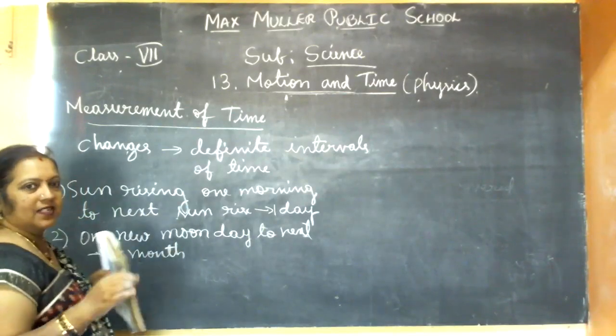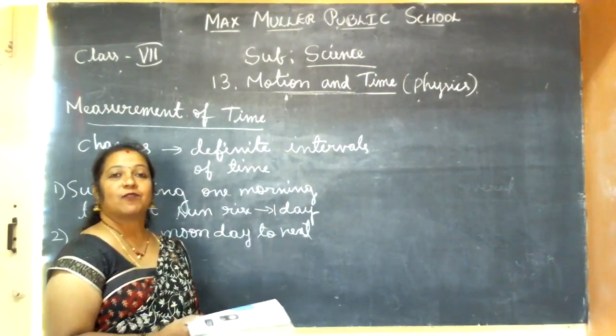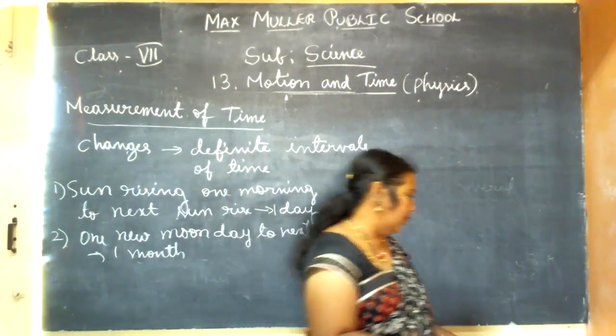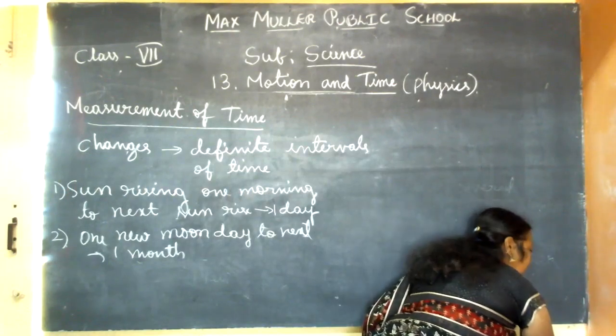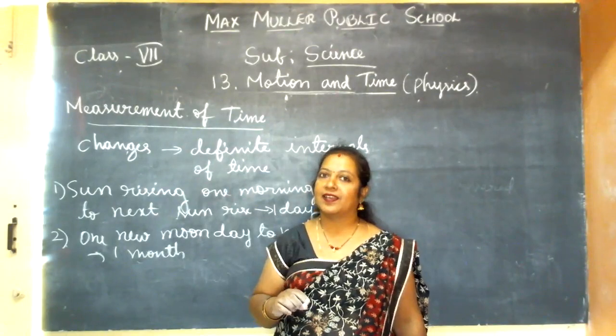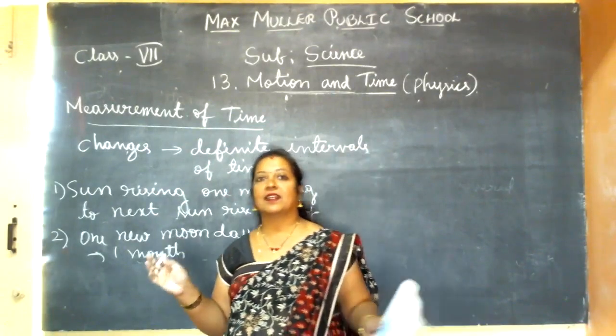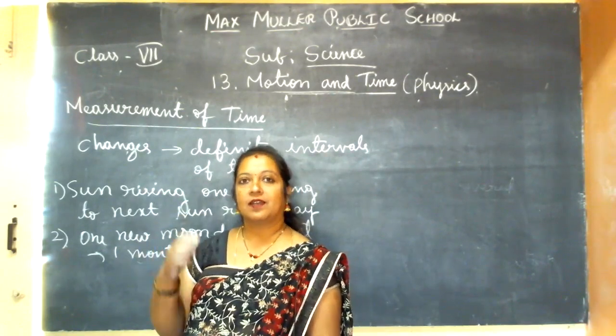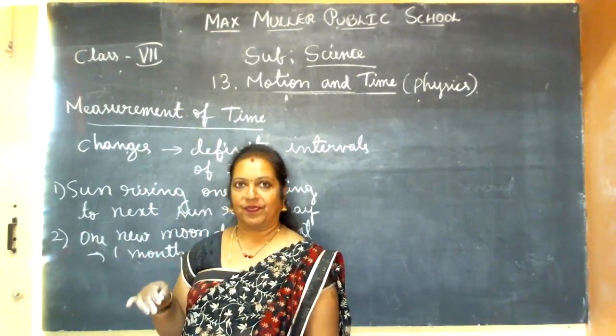This is the duration of time for 1 month. They take one new moon day and watch for the next new moon day. So 1 month is over. Like that, they calculated a little duration of time, and in that way they observe every month.